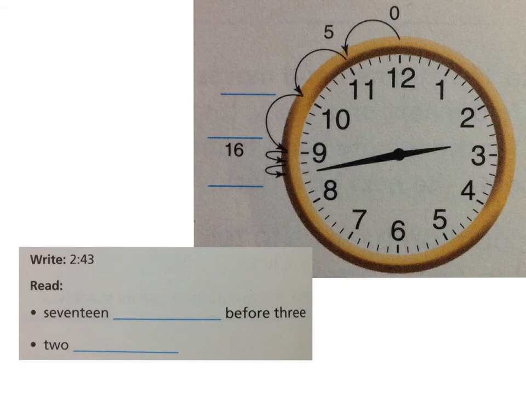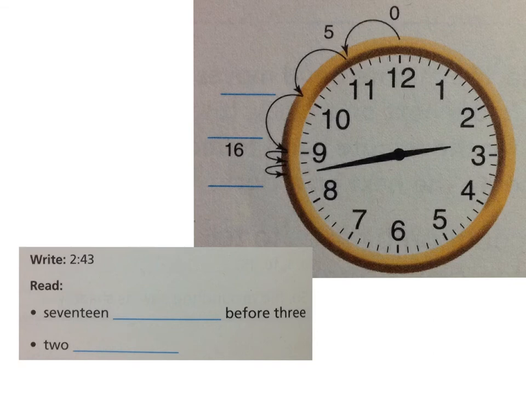Another way to tell time is to find the minutes before the hour. The hour hand is between the 2 and the 3. It has passed the 2, but it has not passed the 3. So I know the hour is 2. The minute hand has passed 2:30.